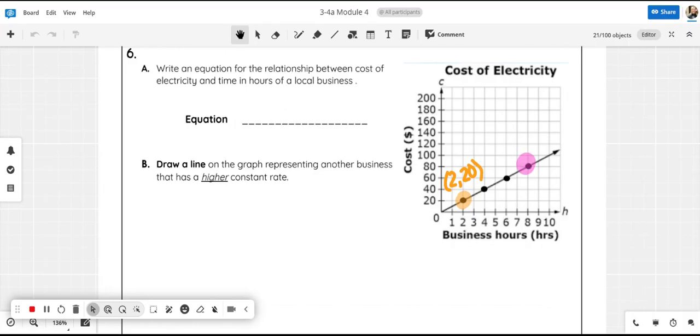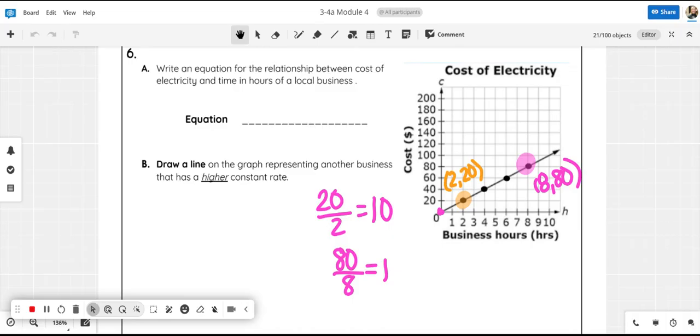The coordinates of that point are 8, 80. Well, we know it's proportional because it goes through the origin. So remember, it's always y over x. 20 divided by 2 is what? 10. 80 divided by 8 is 10. So our k value is 10. So our equation, y equals 10x.